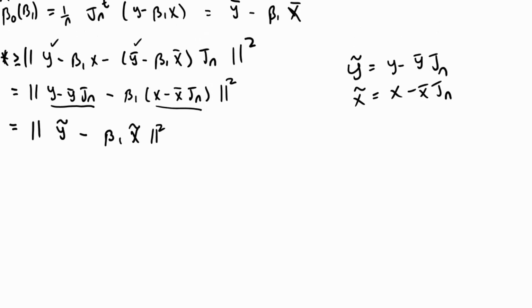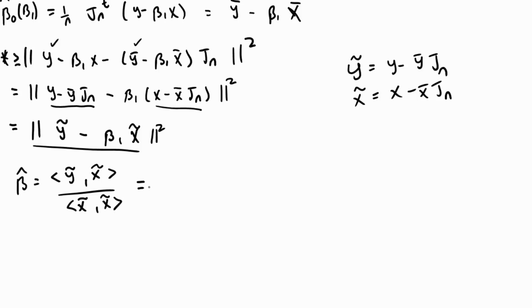Now, this equation is exactly regression through the origin with the centered variables, which we talked about in a couple lectures ago. So we know that beta 1 hat has to be equal to the inner product of y tilde and x tilde over the inner product of x tilde by itself. And we also argued that that worked out to be the estimated correlation between y and x, times the estimated standard deviation of y divided by the estimated standard deviation of x.